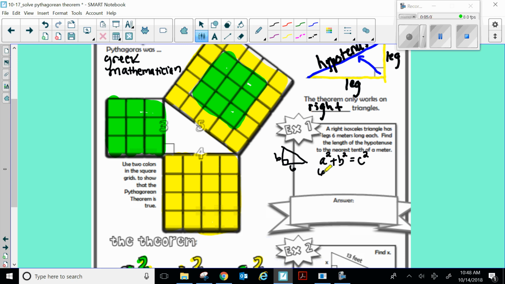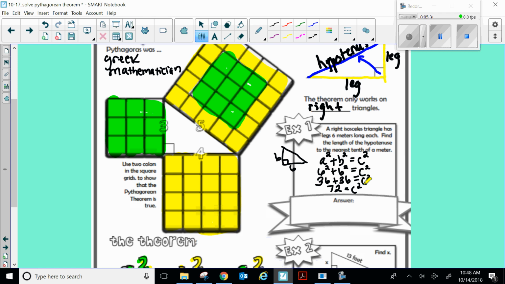So I'll do 6 squared plus 6 squared, and that will give me the area of my hypotenuse squared. So 36 plus 36 will give me c squared. So that means 72 is the area of my square.